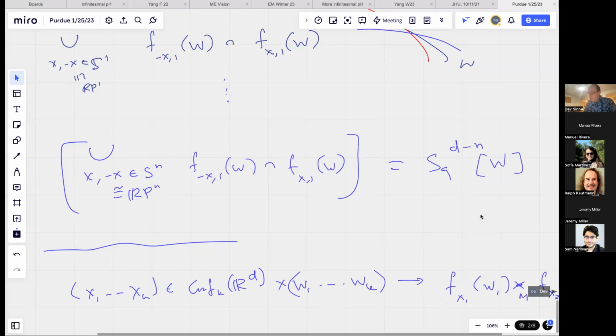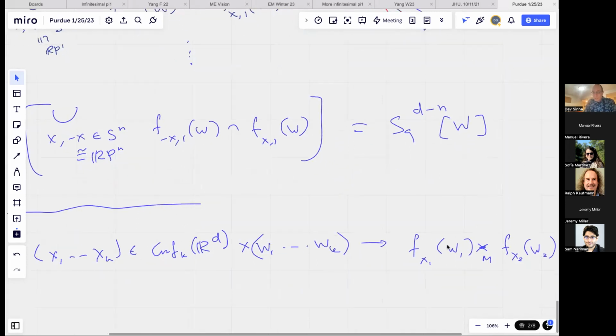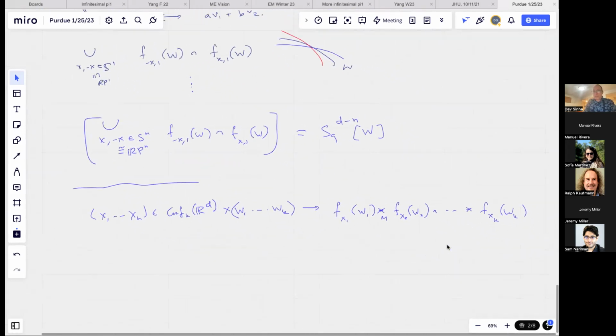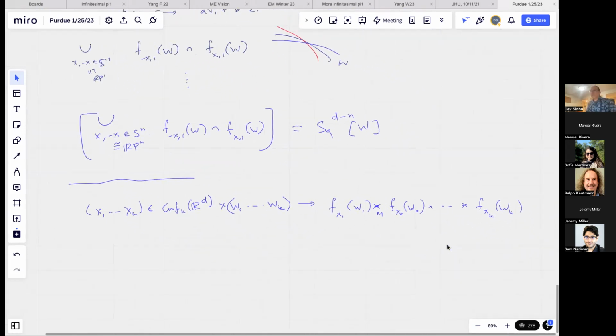And that's a way to now parameterize multiplications through configurations.